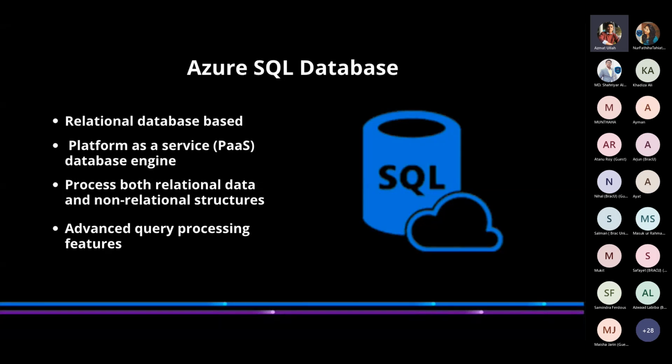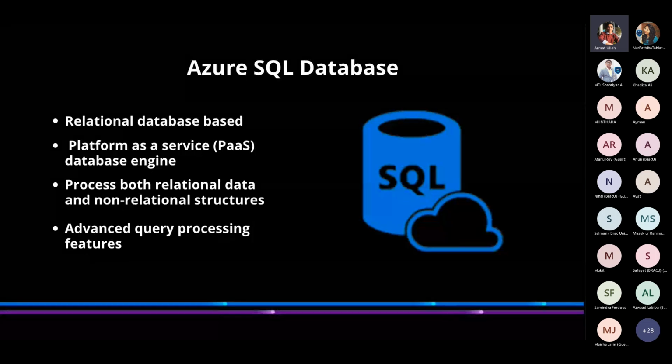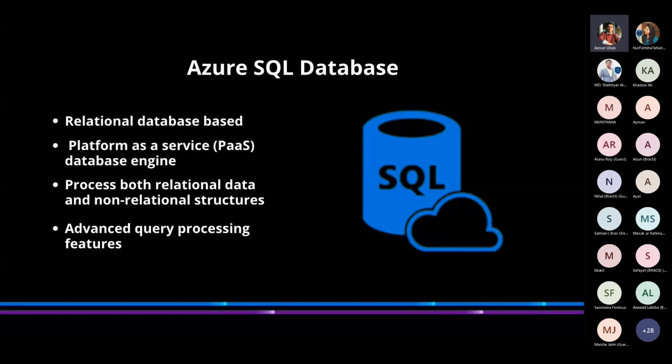In fact, the newest capabilities of SQL Server are released first to SQL Database and then to SQL Server itself. You can get the newest SQL Server capabilities with no overhead for updates or upgrades, tested across millions of databases and millions of other resources.